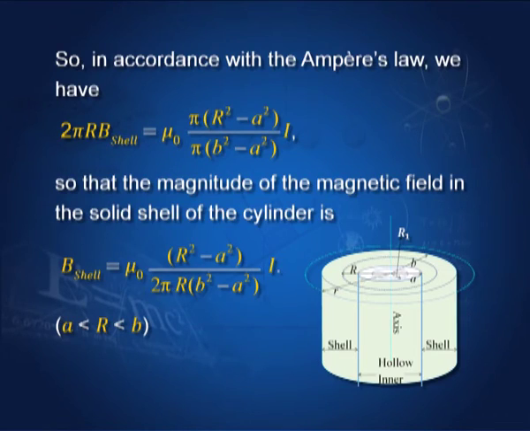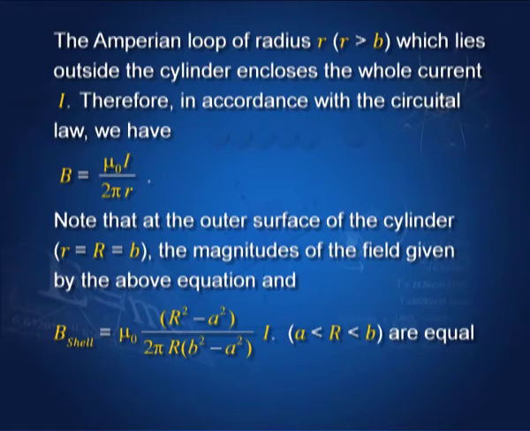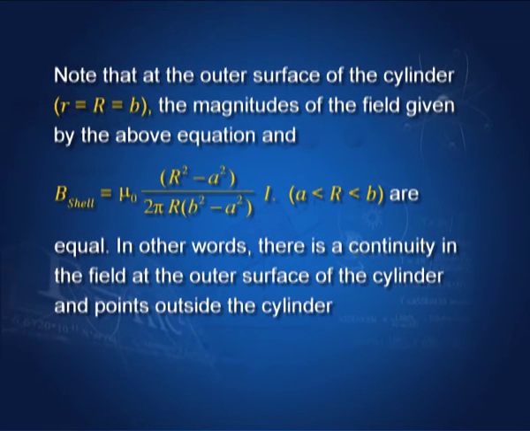Therefore, the integral B dot dl is simply 2 pi r times B, and that is equal to mu 0 I, because this loop includes the whole current, and therefore, we get B equal to mu 0 I by 2 pi r. So, that is the magnetic field outside the conductor, and you can check that at r equal to B, you get the same result.